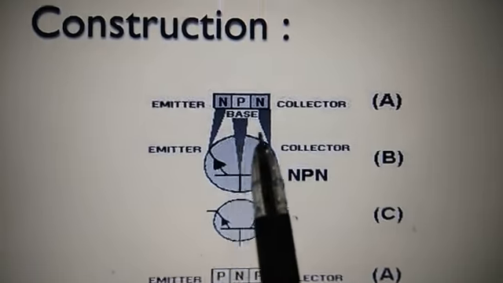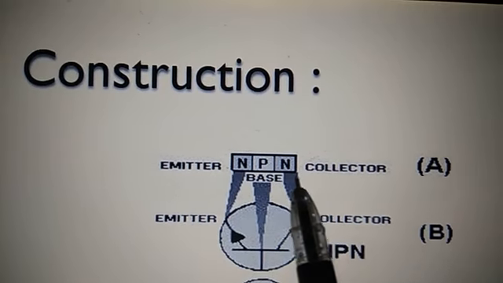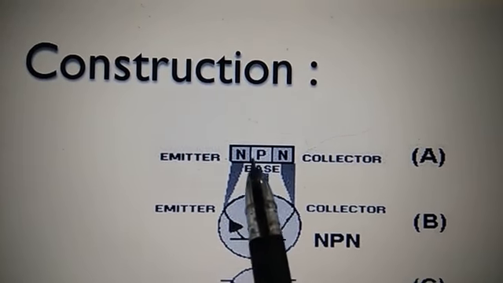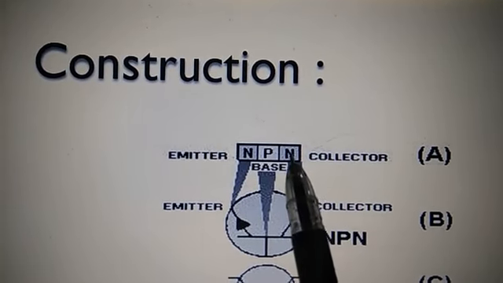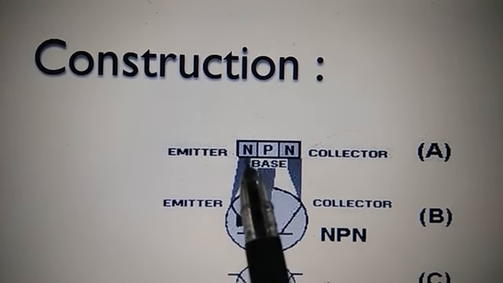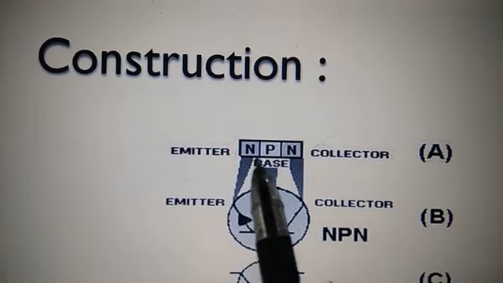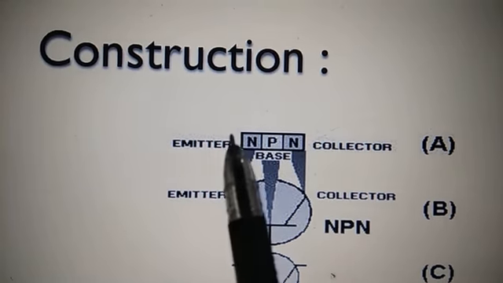This is the N type transistor. This is the base, this is the emitter section and this is the collector section. The emitter section is heavily doped, and the collector section is also heavily doped as compared to the emitter.